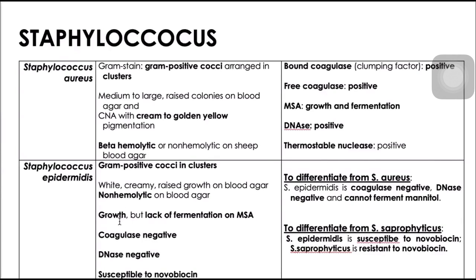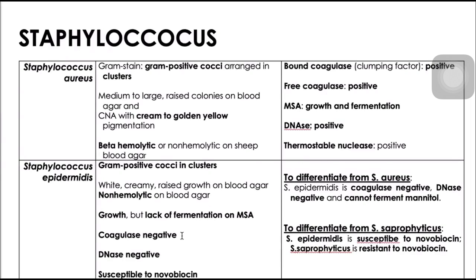So again, other Staphylococcus can grow on mannitol salt agar, but they can't ferment mannitol. So they will be presented as colorless or pink colonies in your mannitol salt agar, while aureus turns yellow.